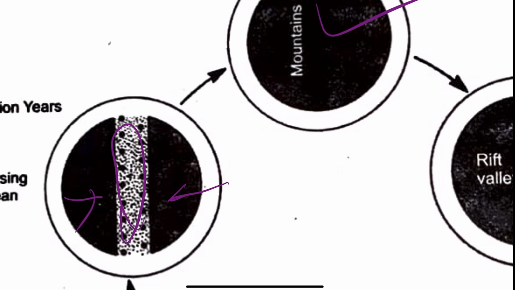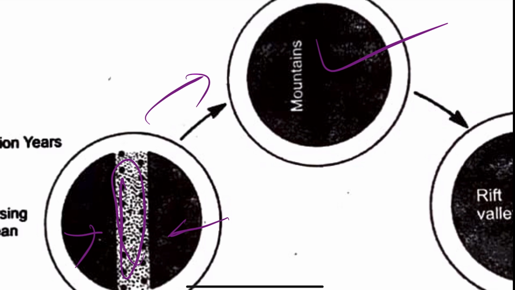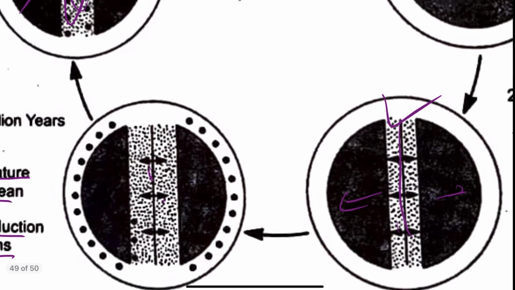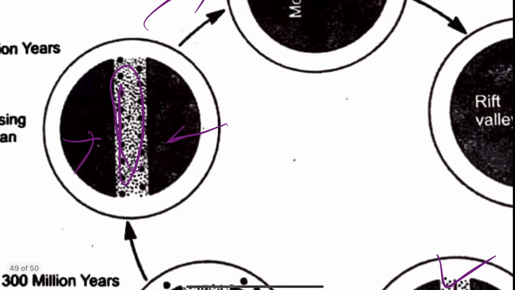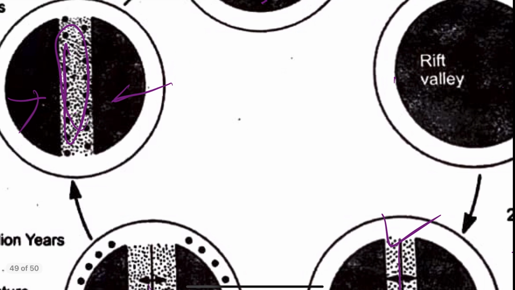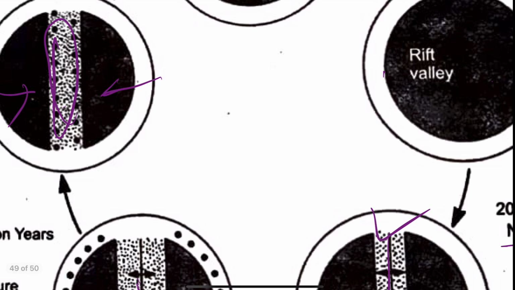The sea is being closed, sea gets closed, and again new continental mass, or supercontinent, is being produced. So this is the cycle. So supercontinent, it's rifting of supercontinent to produce continents.